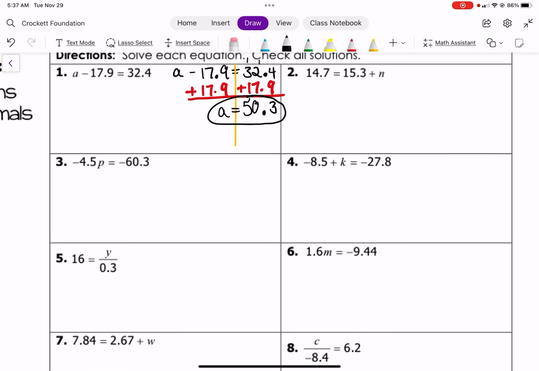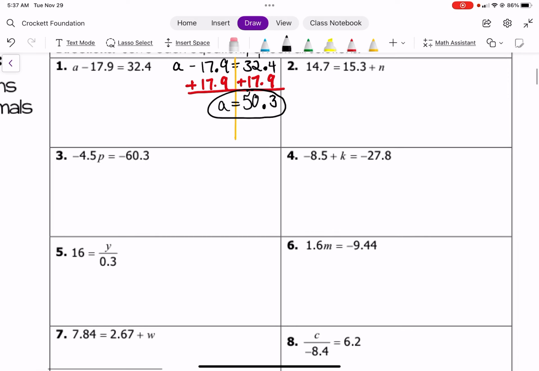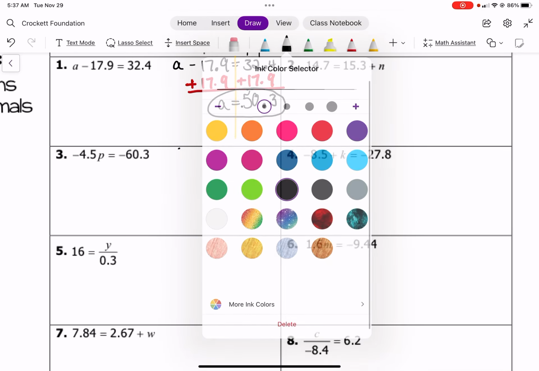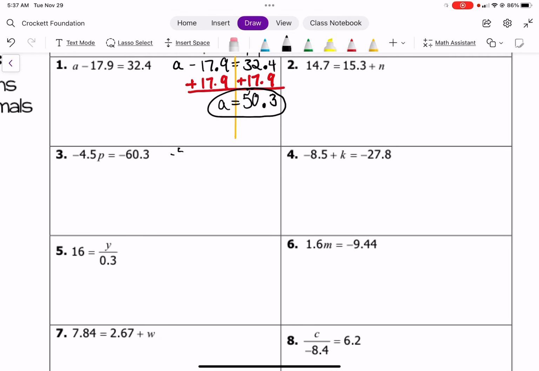All right, let's take a look at number 3. A problem like number 3, if I rewrite it first, that would be negative 4.5p equals negative 60.3. And I want to rewrite this a little sloppy. Negative 4.5p.